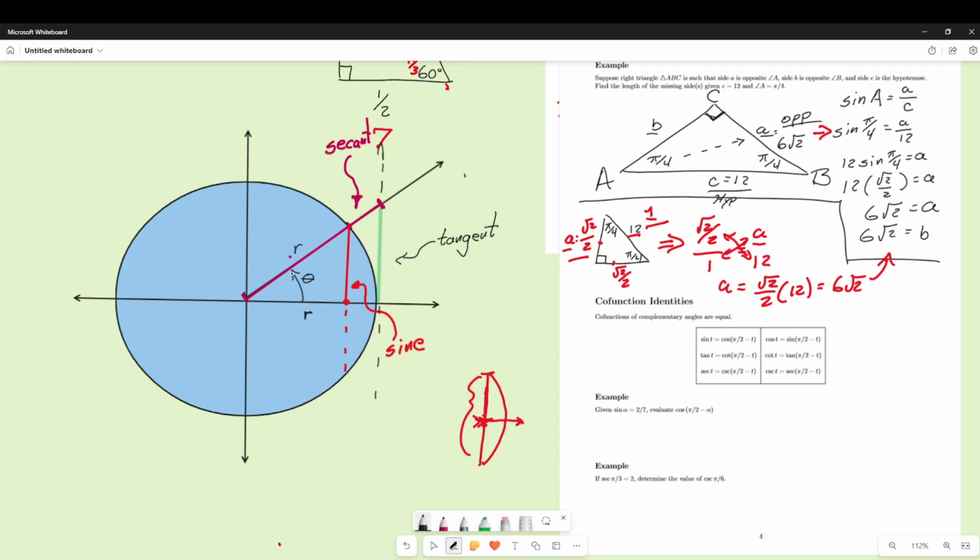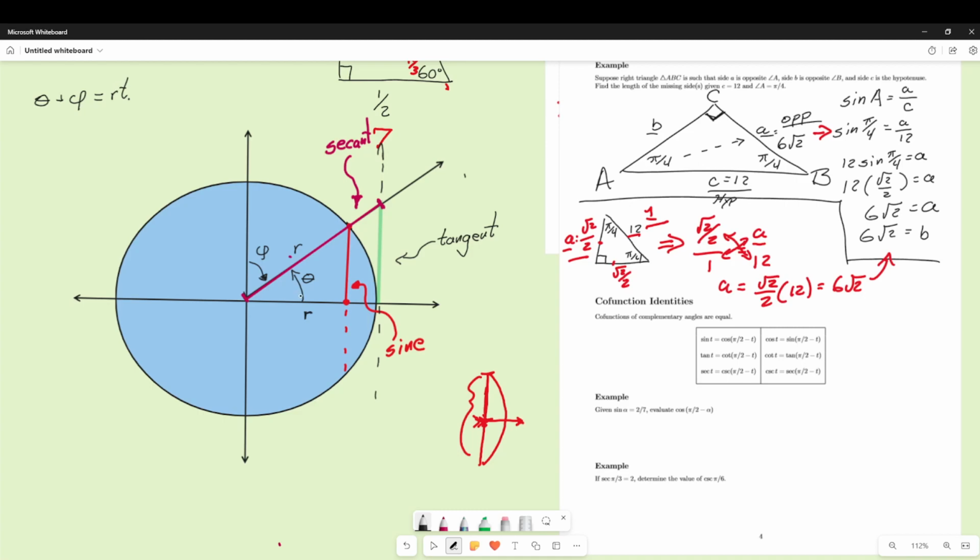So this angle theta in there, its complement would be this angle phi, such that theta and phi add up to be a right angle in either radians or in degrees. So if you're measuring in degrees, they'd add up to 90. If you're measuring in radians, it would add up to pi over 2.